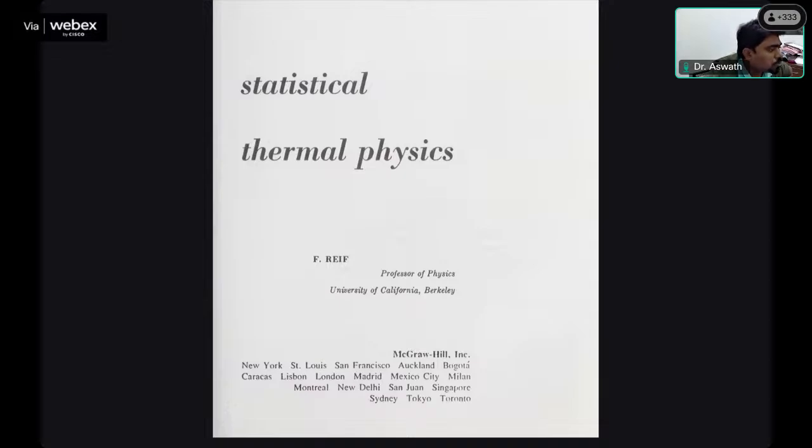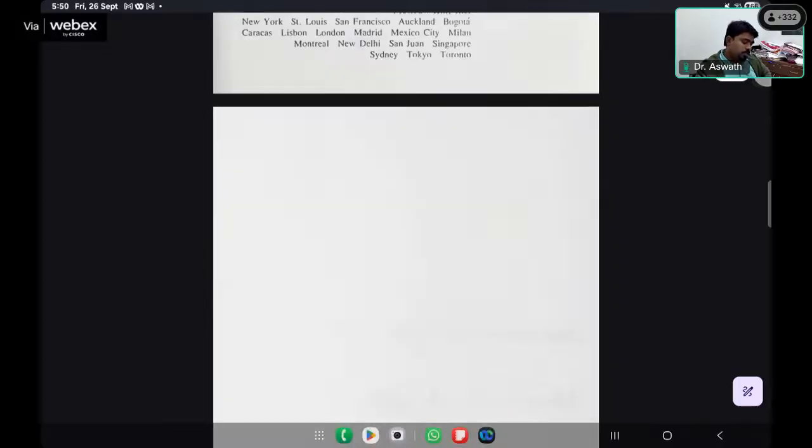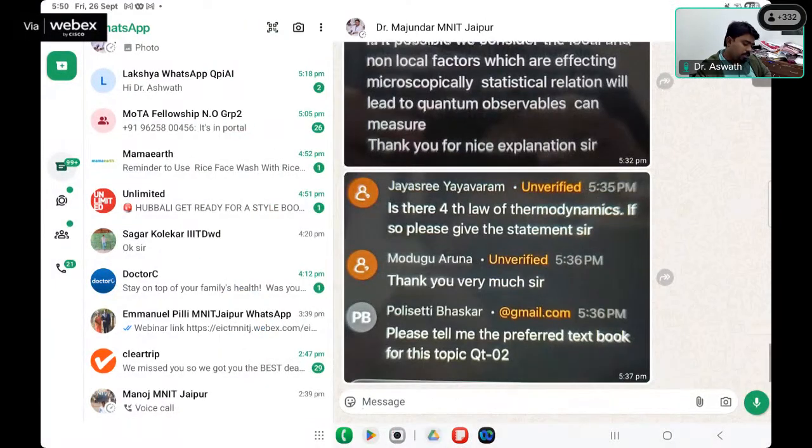For quantum cryptography and all, again, Nielsen and Chuang is a beautiful book, it is enough. Even the complexity classes will be discussed there. Wherever there is a Fermi-Dirac distribution, whatever topic I am covering from statistical physics, that is from Reif or Pathria. Fine, so those are the answers from my side.